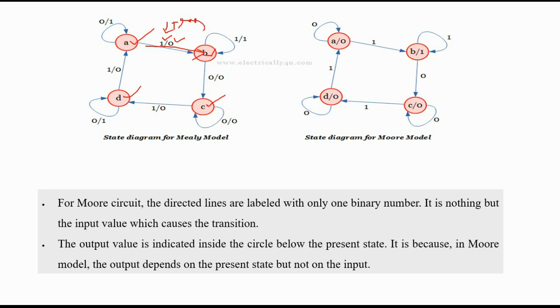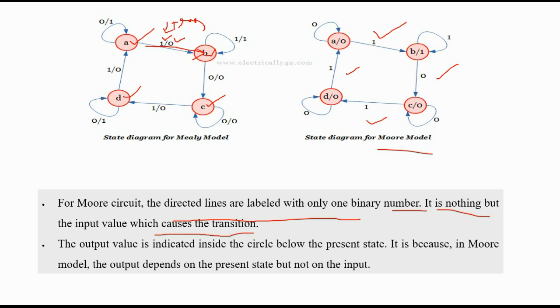But in the case of the Moore model, the direct lines are labeled with only a 1-bit binary number, which is nothing but the input value that causes the transition. That is what I represented here: 1, this is 0, 1, this is 0.